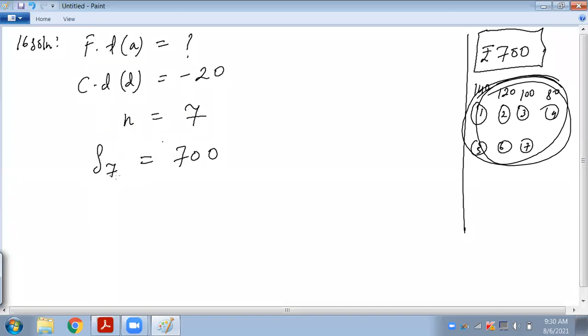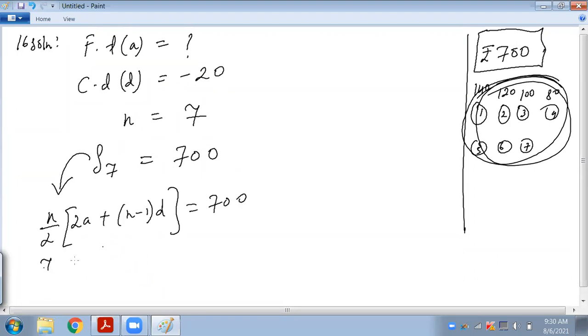Now in this question we know the sum, so we can utilize that to find the first term A. And if we know the first term A, we can find all the prizes. Since we know the sum, apply the formula of sum. Sum is n by 2 into 2A plus n minus 1 into D. Now put the values. n is 7, so 7 by 2 into 2A plus 7 minus 1 into D. D is minus 20, and since it is negative, we have to take it in a bracket.